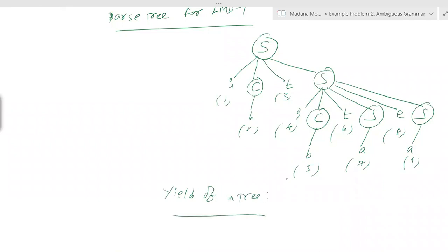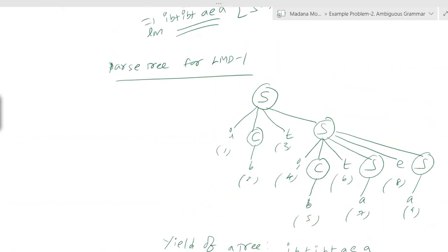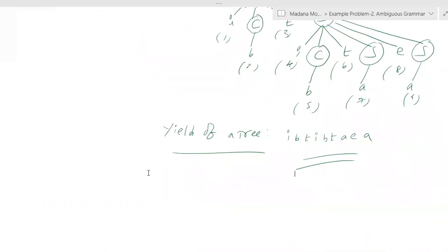Write in the order of the numbering you have provided. First one is I, second one is B, third one is T, fourth one is I, fifth one is B, sixth one is T, seventh one is A, eighth one is E, ninth one is again A. This is our required string. This is the partial derivation tree for the leftmost derivation 1.